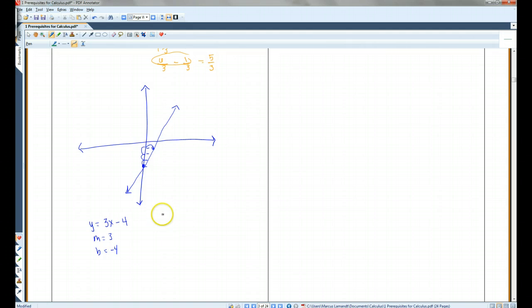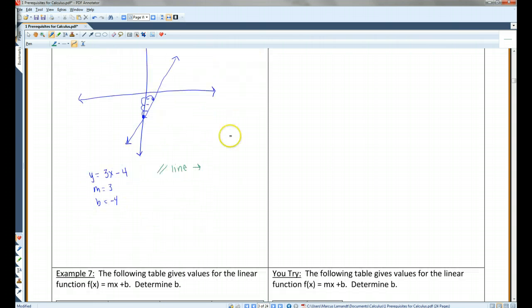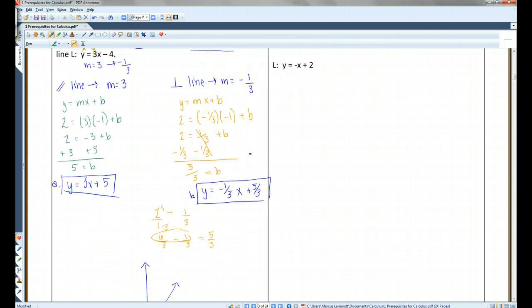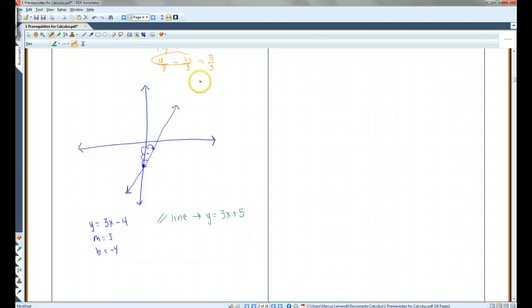My parallel line was y equals 3x plus 5. And if you recall, this needs to go through the point negative 1, 2. Needs to go through this point.